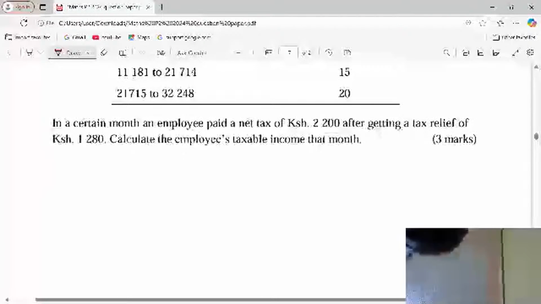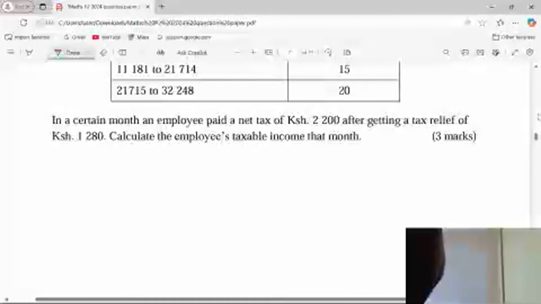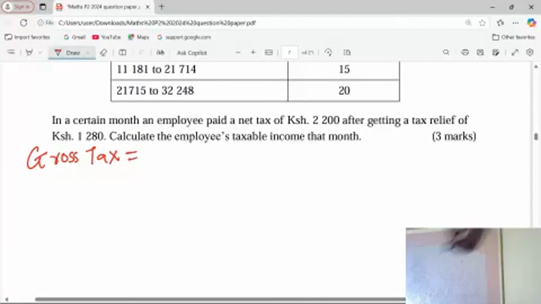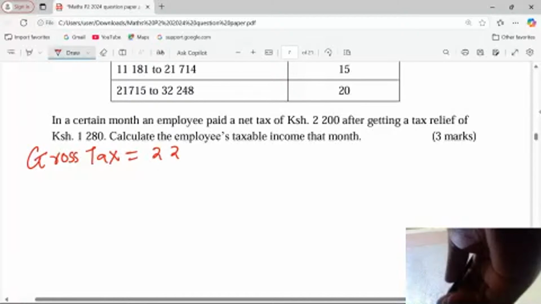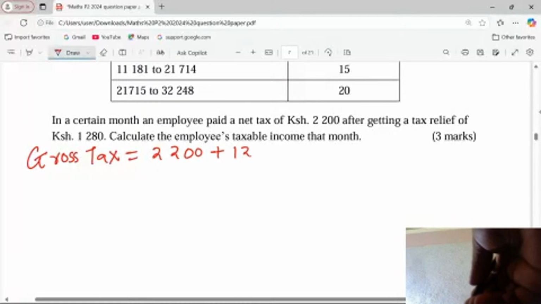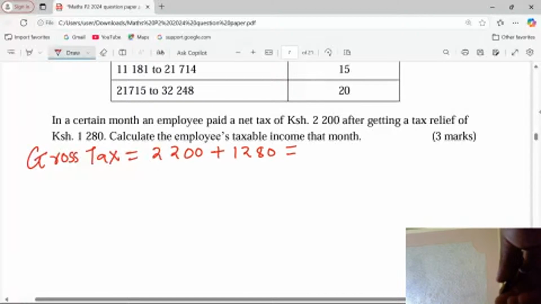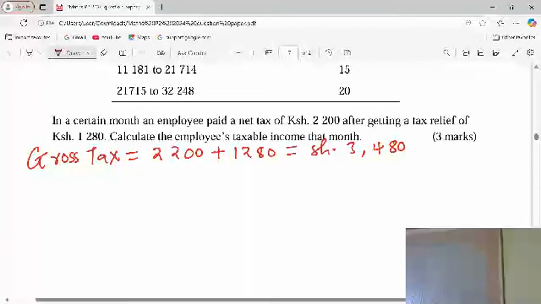Let's begin by getting the gross tax. It is the tax that he would pay if it were not for the relief. So we take the net tax and we add back the relief so that we may know the total tax due. That is the total he would have paid.